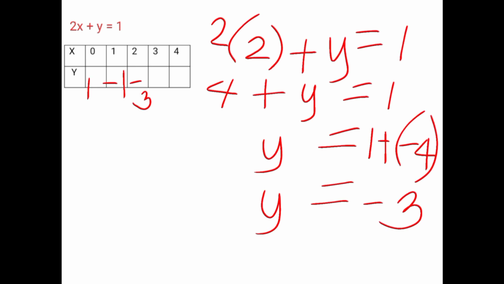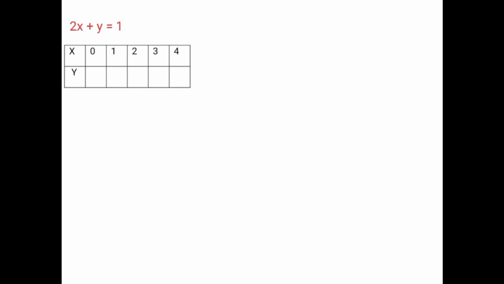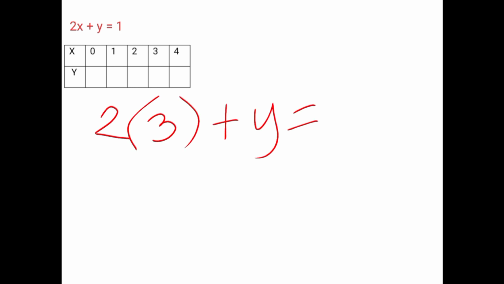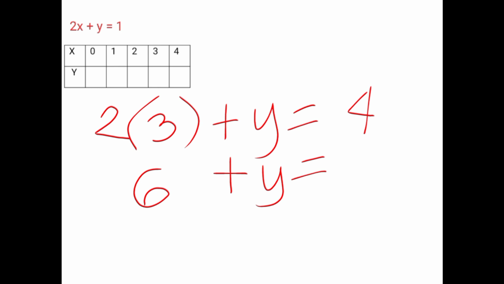Now, how about if the value of x is 3? Same process. 2 times 3 plus y equals 1. What is 2 times 3? That is 6 plus y equals 1. Then we add negative 6 to both sides to eliminate 6 on the left side.